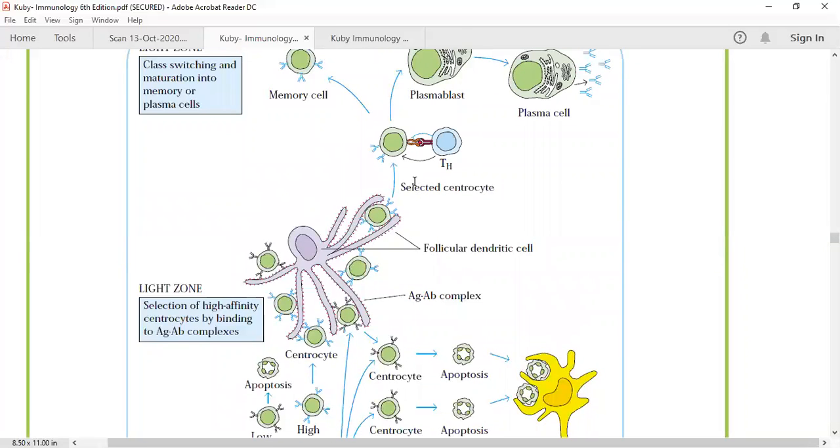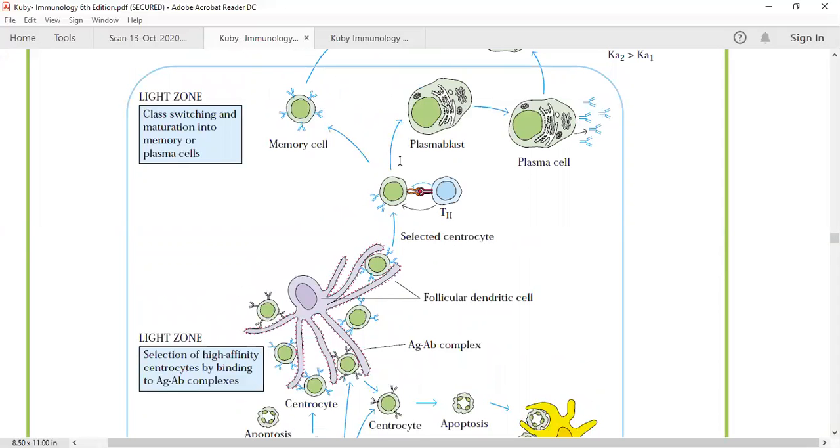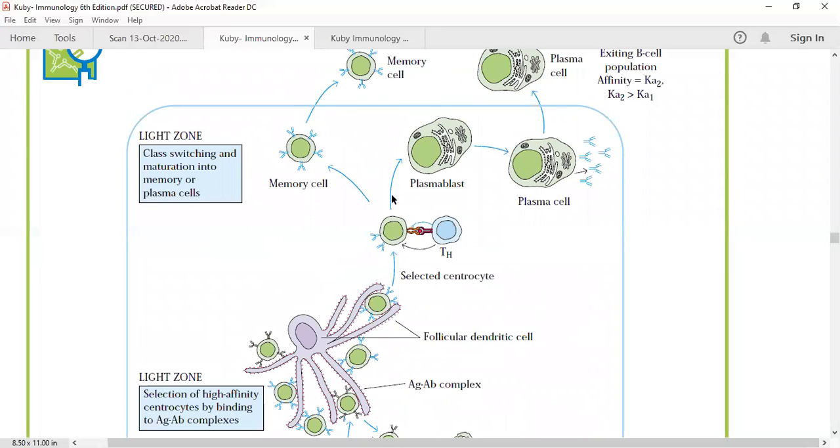Finally, the centrocytes which are able to recognize the antigen with high affinity will be selected, and then they will interact with the T helper cells. T cells are also interacting. So the T cells will again help these B cells differentiate into a plasmablast, then a plasma cell, and will secrete a large number of antibody molecules.